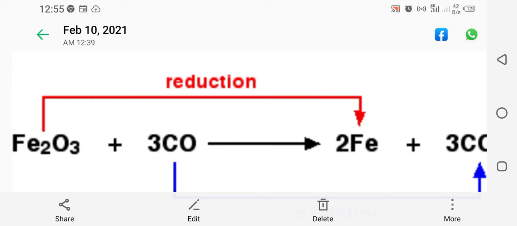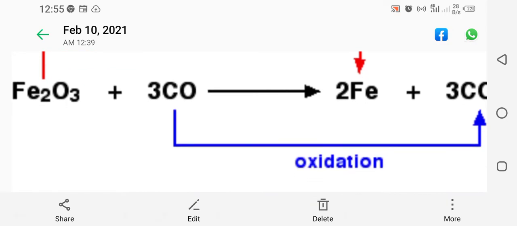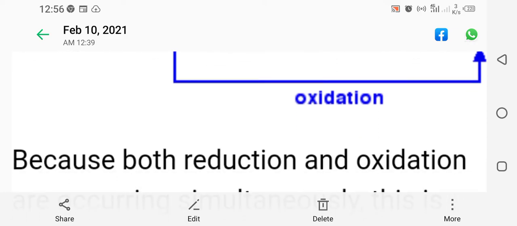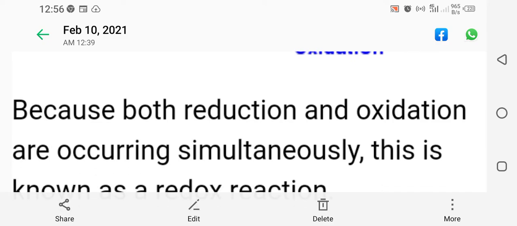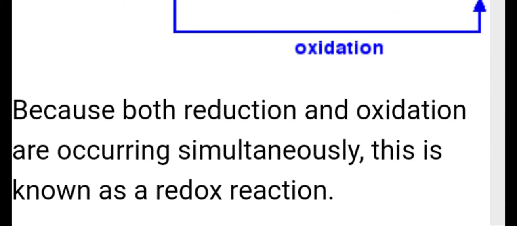This is CO2. So CO changes into CO2, meaning addition of oxygen, so this is oxidation. While Fe2O3 changes into Fe, that is removal of oxygen, so this is reduction. Because both oxidation and reduction occur simultaneously, this is known as a redox reaction. Redox: RED for reduction and OX for oxidation.